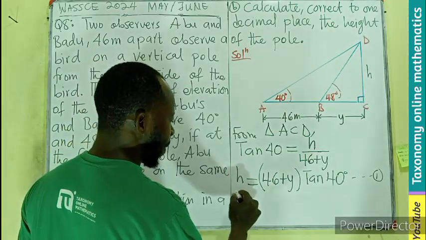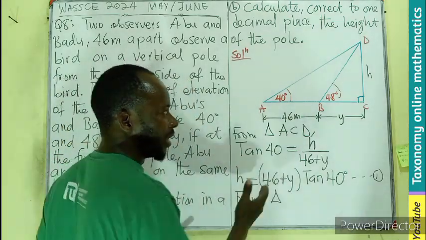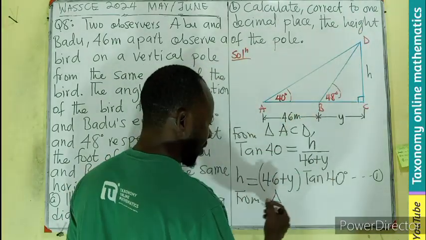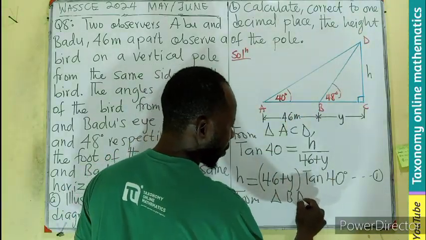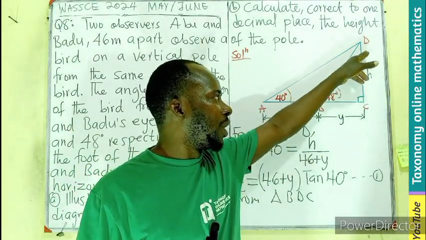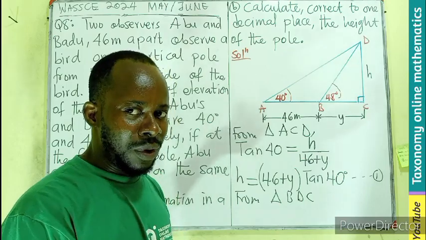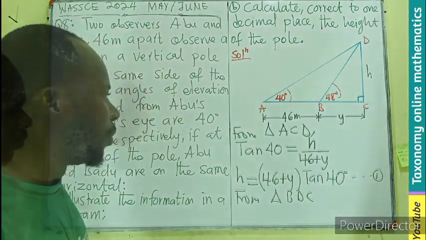Then let's consider the next triangle, which is the smallest one, picking BDC. If you consider the BDC, the h will still be the opposite, the y will become the adjacent. Still the same ratio, tan, will be used.